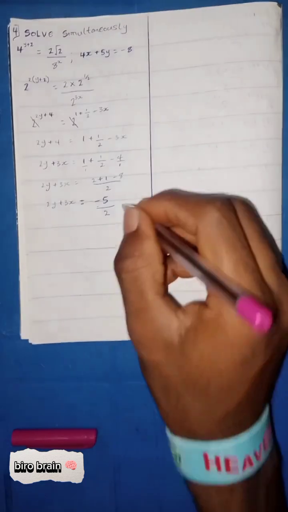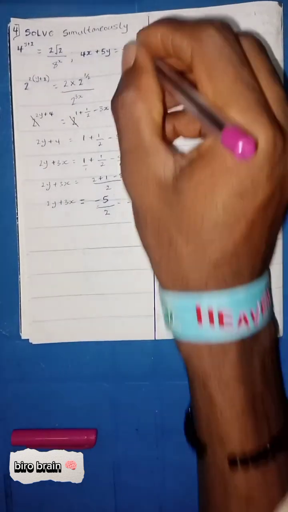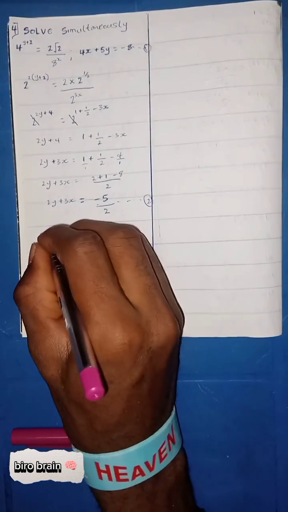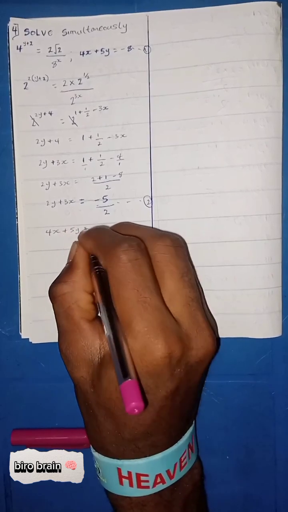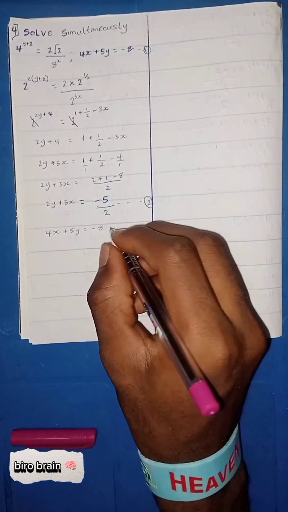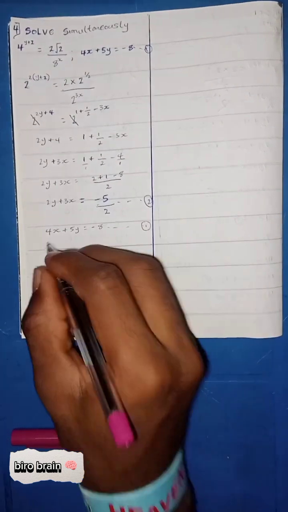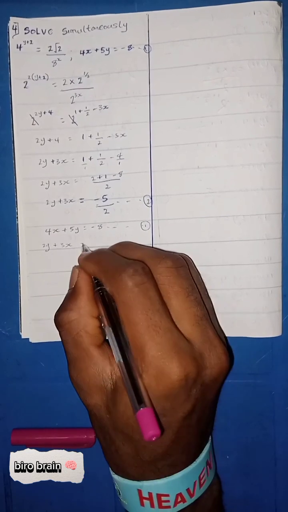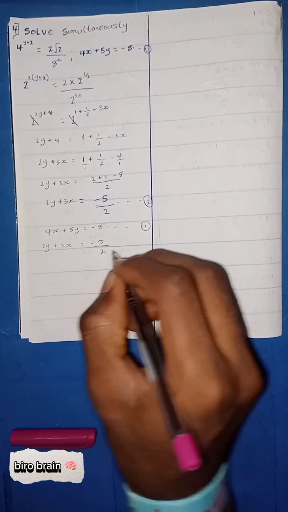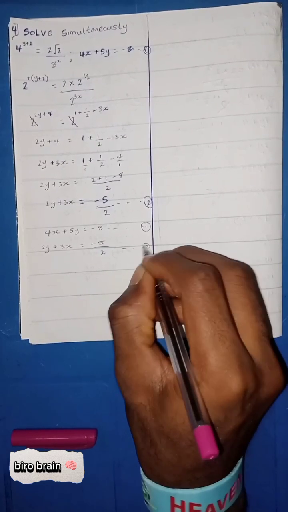Alright, and this is our equation 2. This is our equation 1. So writing down the two equations, we have 4x plus 5y equals minus 8, equation 1, and 2y plus 3x equals minus 5 over 2, and this is our equation 2.